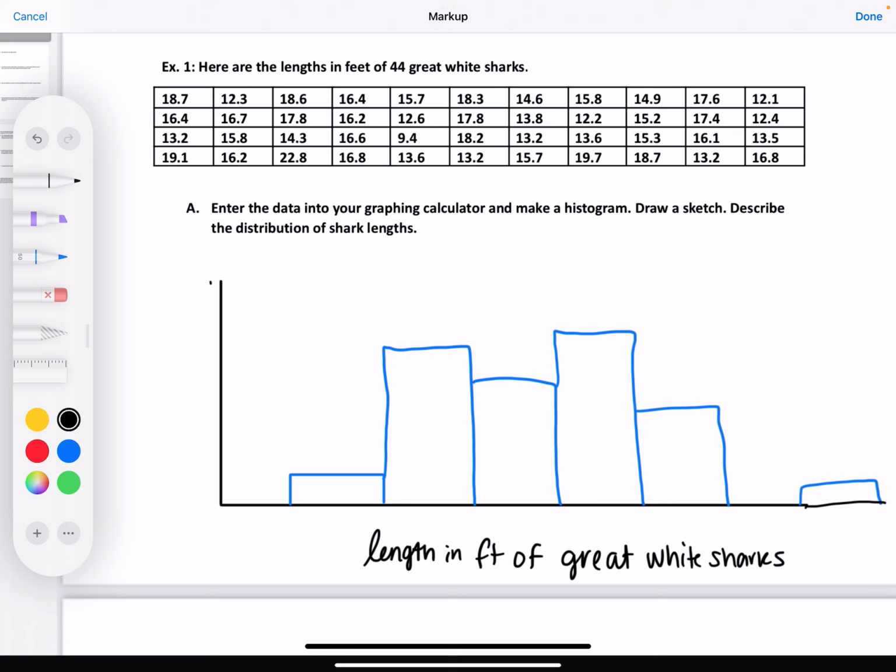Some. Or at least kinda. So, in terms of shape, what does this kind of look like? Hmm? I said you don't know.